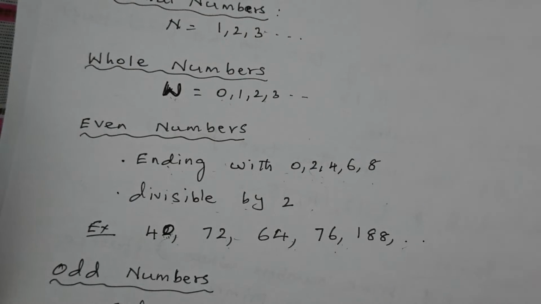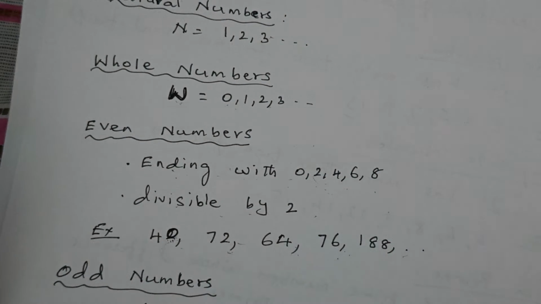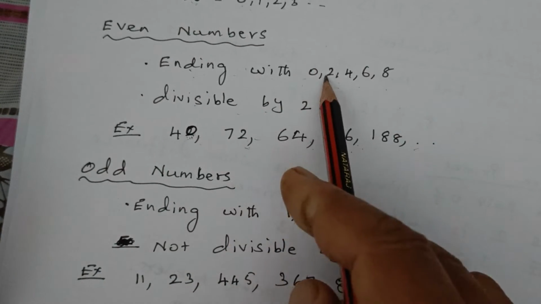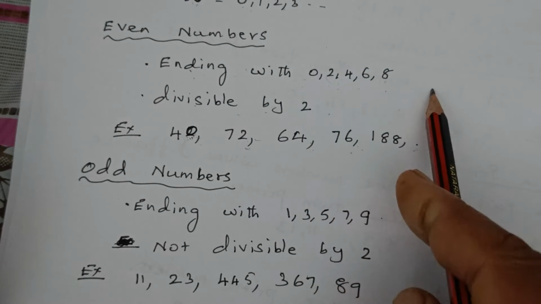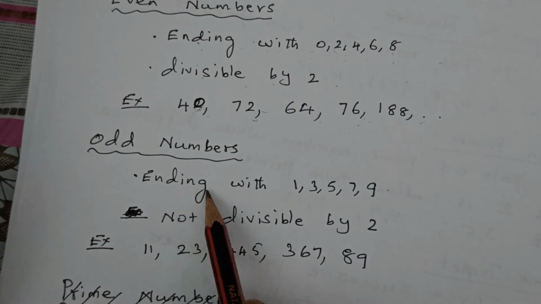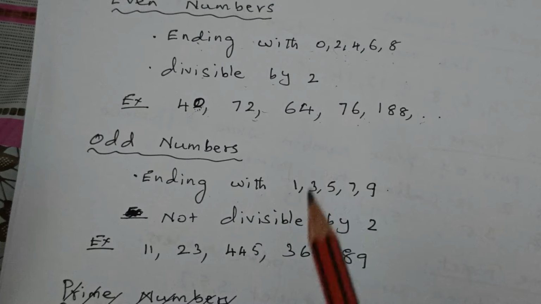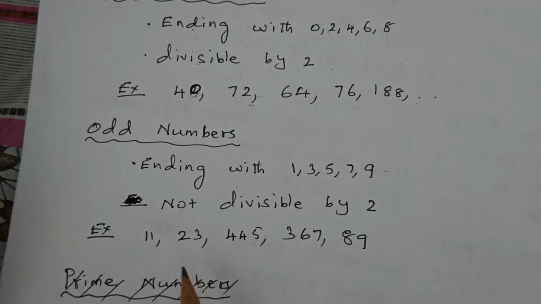So natural numbers and whole numbers consist of even numbers and odd numbers. Now what are odd numbers? What is left here between 0, 2, 4, 6, 8? We are left with 1, 3, 5, 7 and 9. So naturally, all the numbers ending with 1, 3, 5, 7, 9 are called odd numbers. What is the other way of defining?